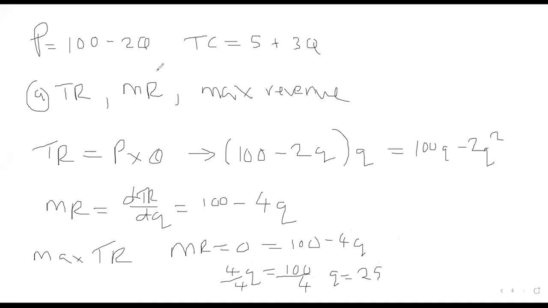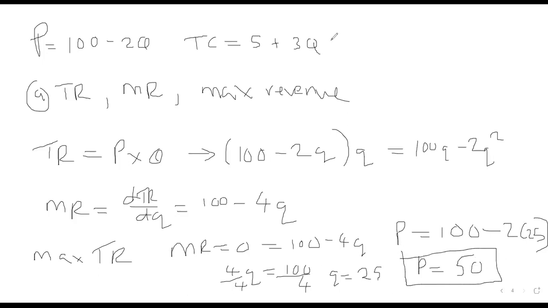Then the price, our price will be 100 minus 2Q, where there's Q, we'll put 25. So the price that maximizes revenue will be 100 minus 50, 50. So if you're going to illustrate that graphically, it will simply look like this.